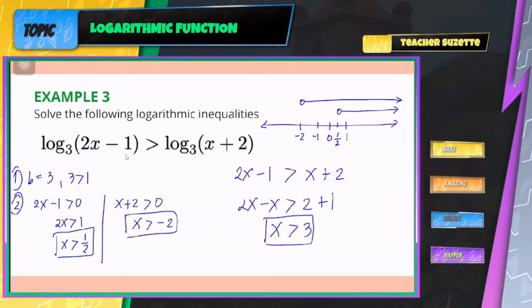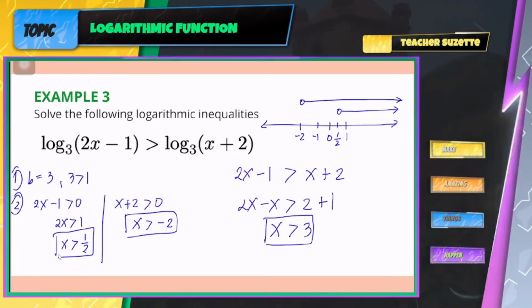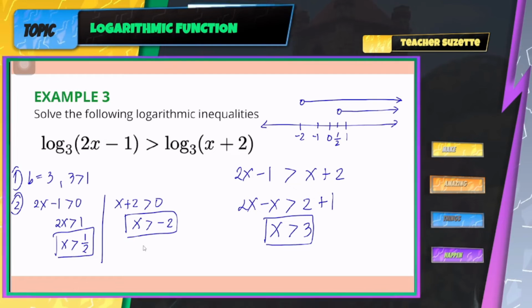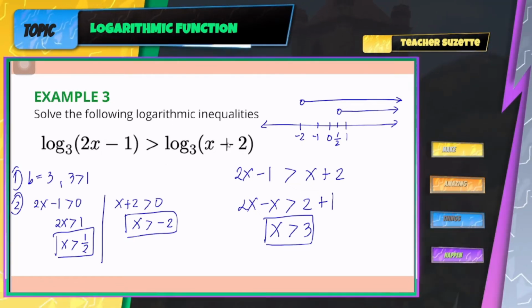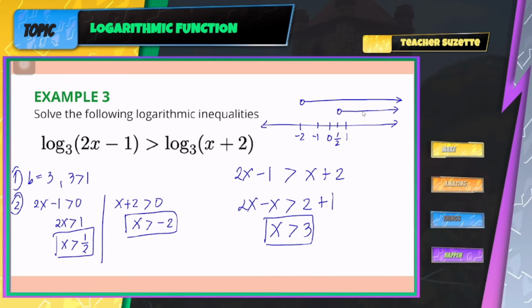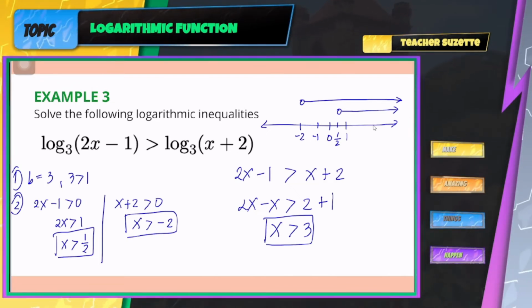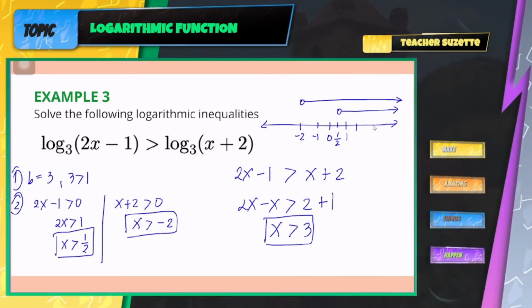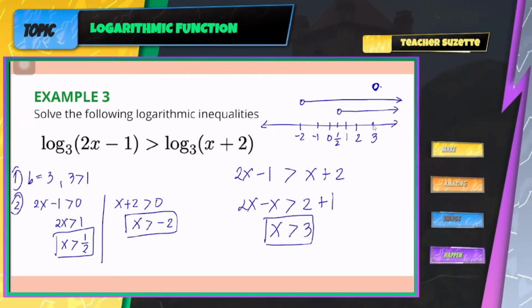However, you have to always take into consideration the conditions or resulting values of x that would make each logarithmic expression defined. So, let's illustrate it on our number line. When x is greater than 3, this is 2 and this is 3, so you will have x greater than 3.